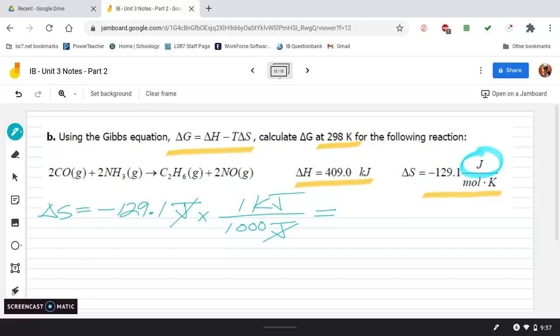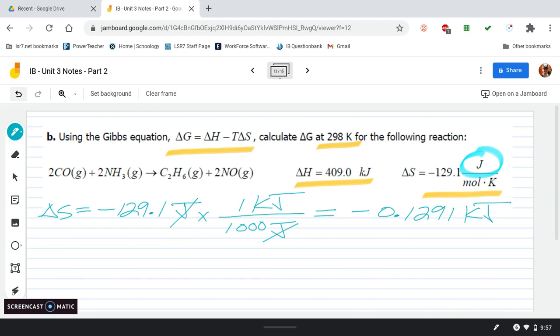Make sure I remember my negative sign here. So we're going to go 3 spots to the left, and so 0.1291. Just bump that 3 spots to the left, and off we go. We've got our kilojoules. So we should be good.